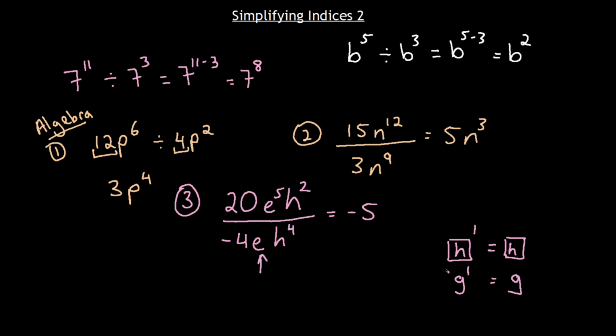So back to this, we know for a fact that this has a 1 next to it. So 5 take away 1, that makes a 4. And lastly, 2 take away 4, that makes a negative 2.